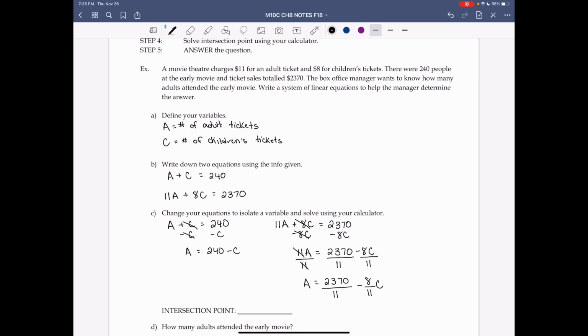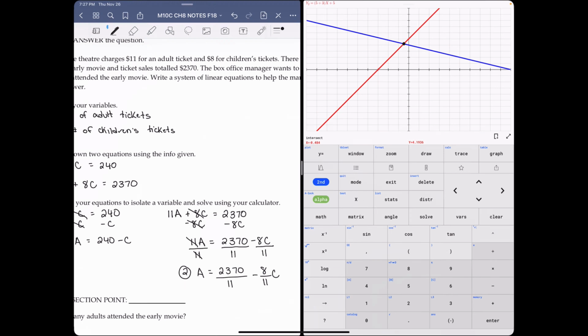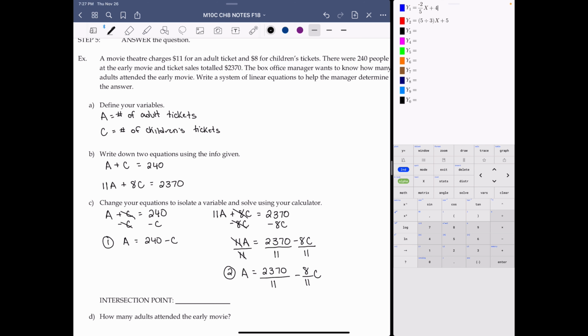So we're going to graph both of our equations. We have equation 1 and equation 2. Graph them in your graphing calculator. Go to y equals or menu graph. Get rid of your old equations. Type in your new ones. 240 minus, your variable is always going to be x.